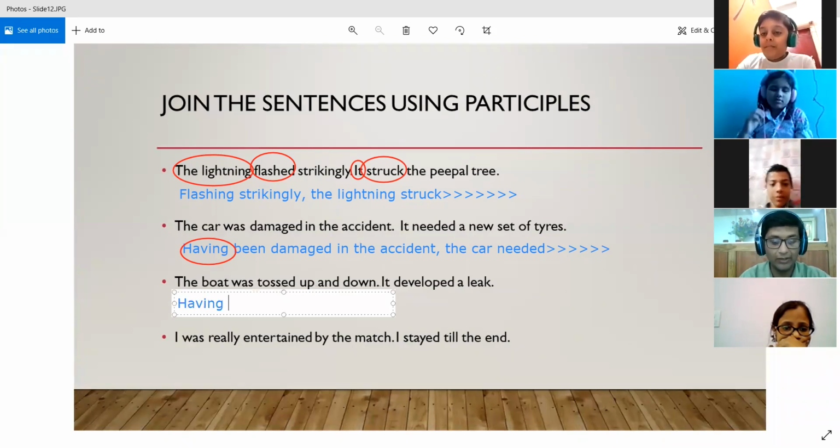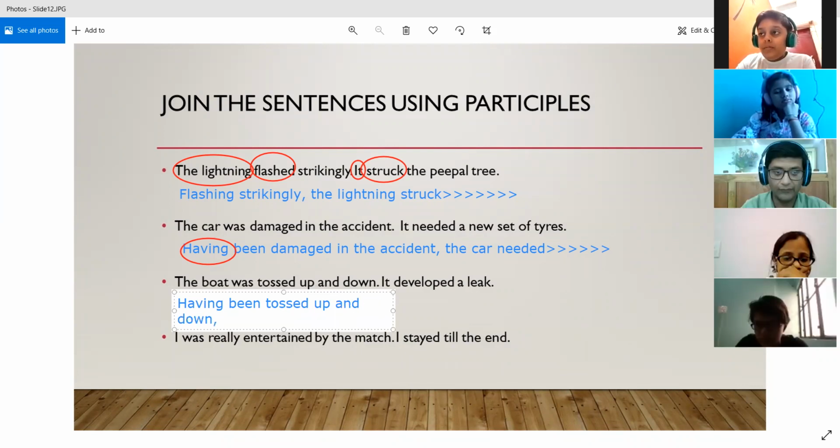So having been tossed up and down, the boat developed a leak. So after the boat, I'm not writing. The boat developed a leak is the remaining part of the sentence.